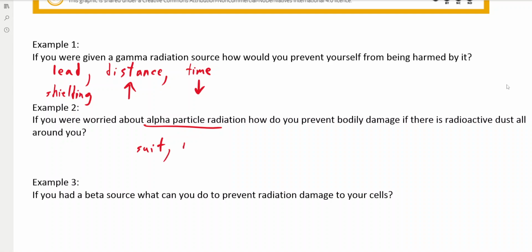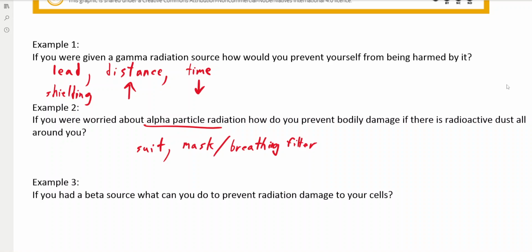And most importantly, some sort of mask or breathing apparatus that filters out the dust. Because if that dust gets into your lungs, that's what's really bad. It's actually worse than any other type, because now it's inside your body, radiating your body from the inside.